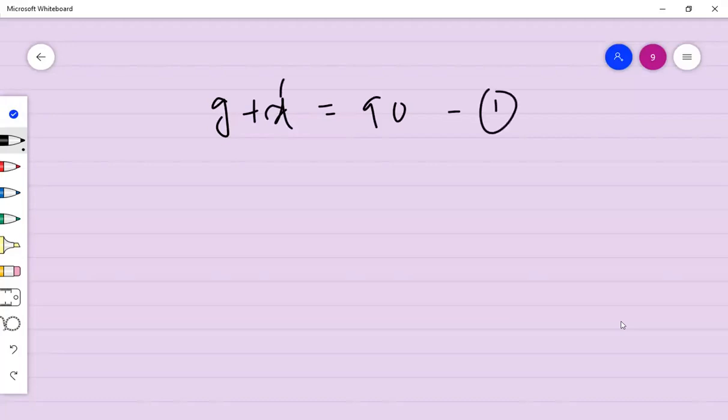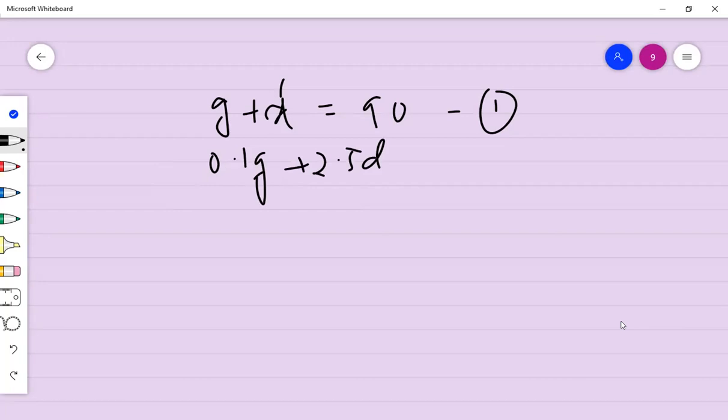This is one situation. Another is 0.1d plus 0.25q.